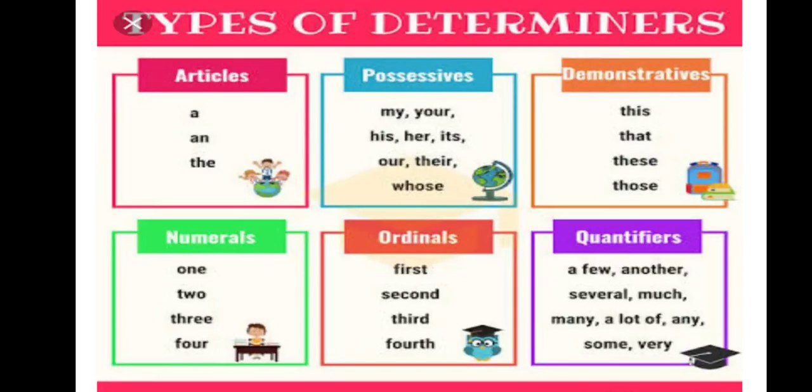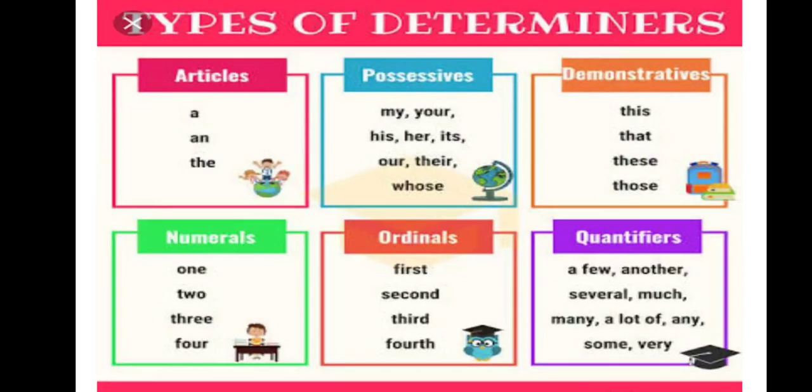So, like that. Now, the last one, quantifiers: a few, another, several, much, many, a lot of, any, some, very. So, all these, a few. I have a few things with me.